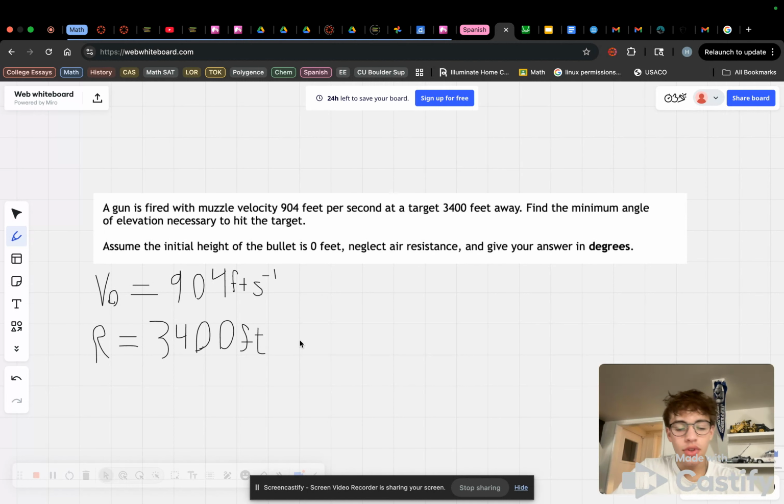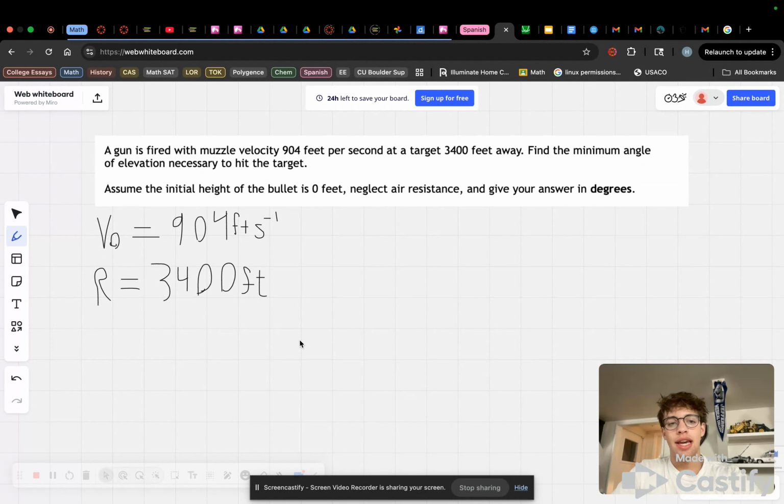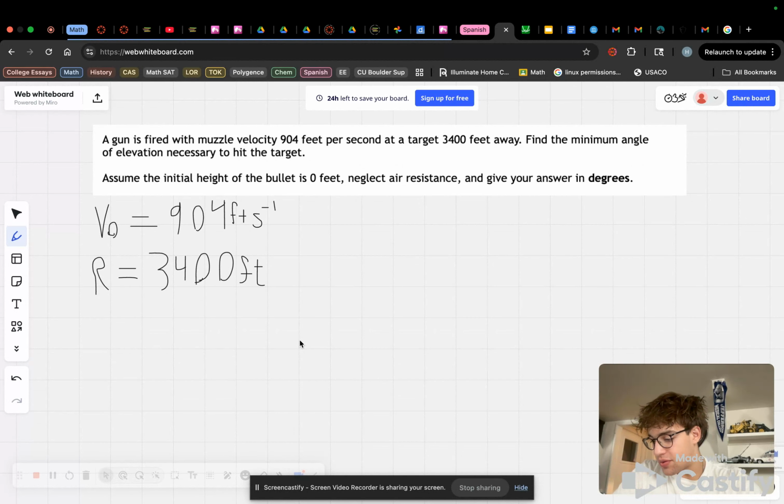So this seems like a complicated question, but it's really just one formula. To solve this, we could use the range formula, which you could derive from the projectile motion equations, by breaking down the initial velocity vector into its x and y components.